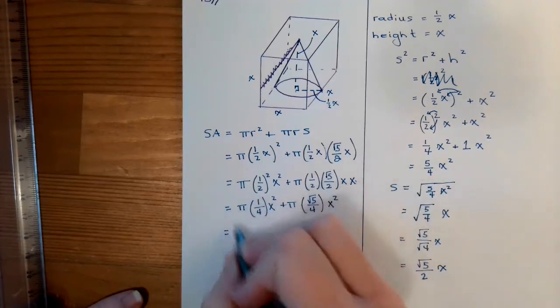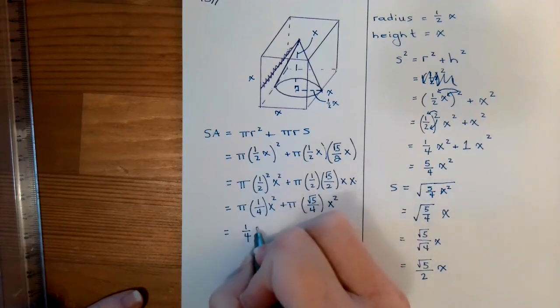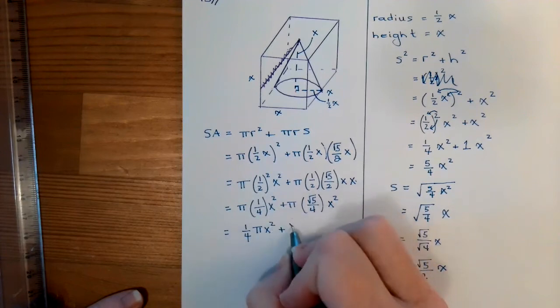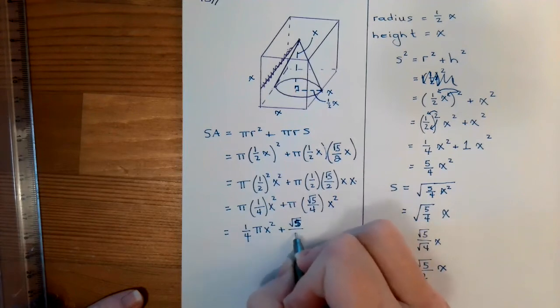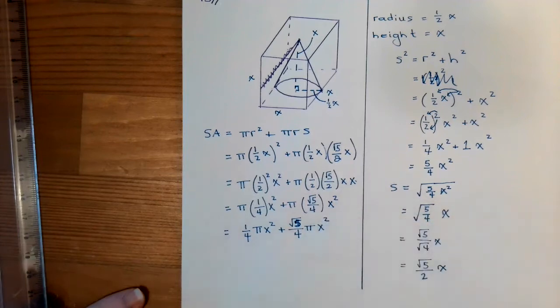Normally I like to put the numbers in front. So I get 1/4 pi x squared plus the root of 5 over 4 pi x squared.